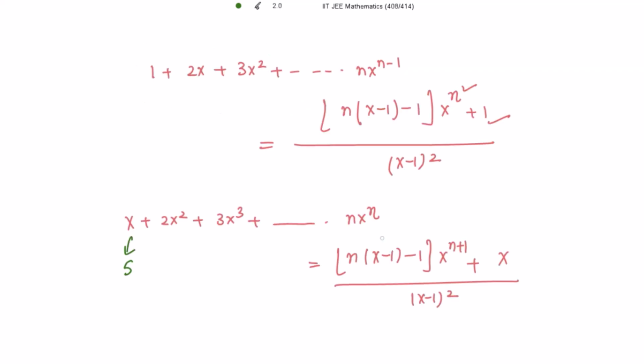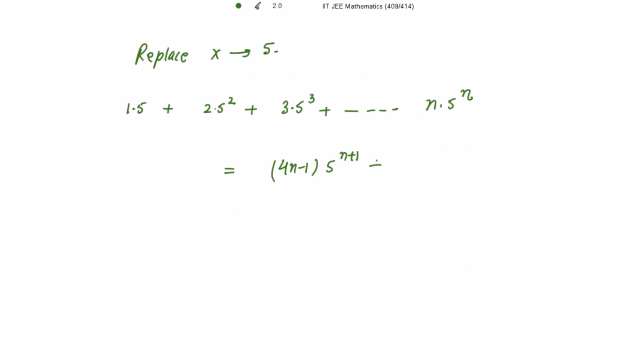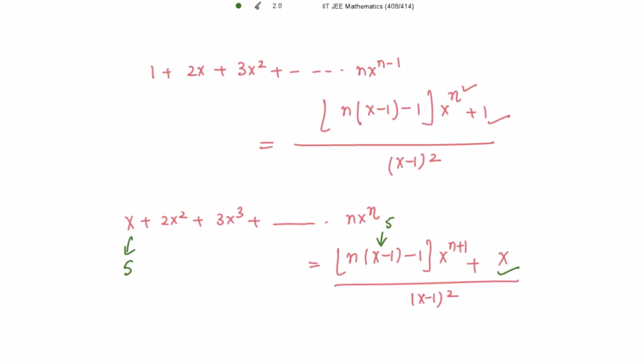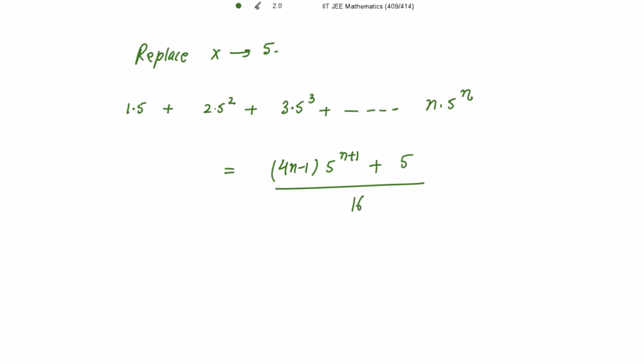So 5 can be written as 1 into 5 plus 2 into 5 square plus 3 into 5 cube, so on, n into 5 the power n equals to, if I put x equal to 5 here, I get 5 minus 1, that is 4, 4n minus 1 into 5 the power n plus 1, and here 5 plus 5 divided by, in the denominator, if I put here 5, I get 5 minus 1, 4, and 4 square is 16. So in the denominator, I am having 16.